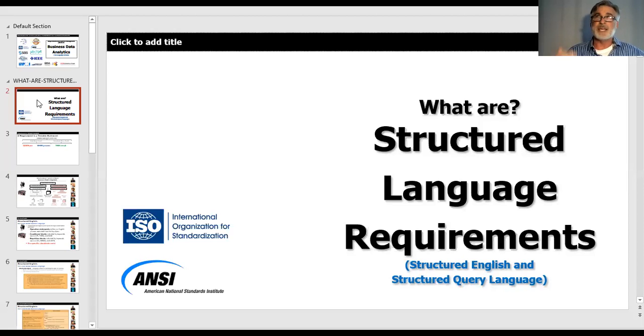We have a very nuanced language that has to be converted from an ambiguous, complex, nuanced, subtle language into very specific, testable statements.